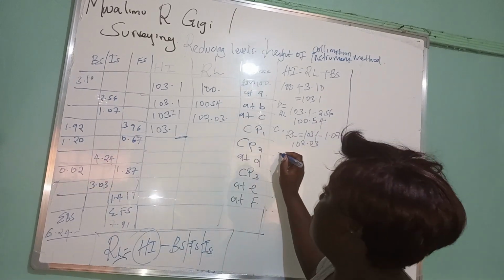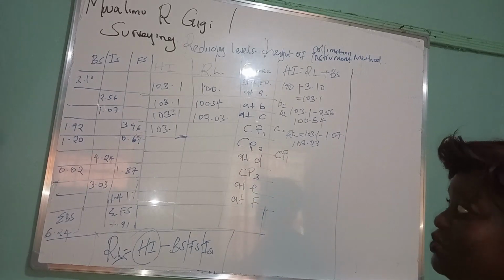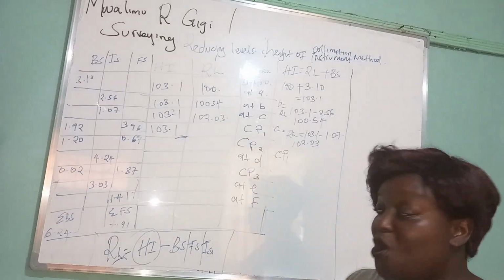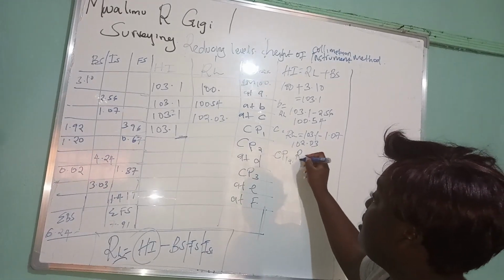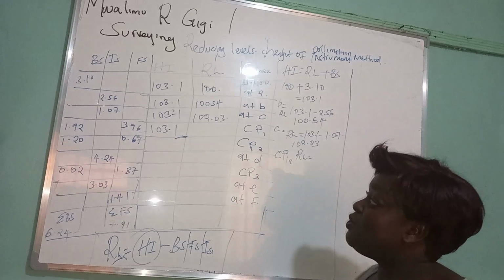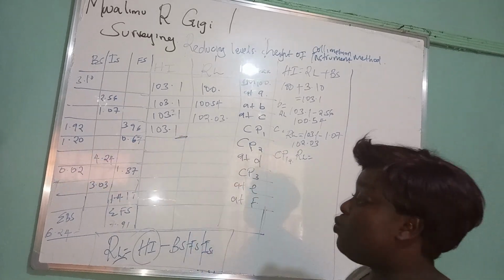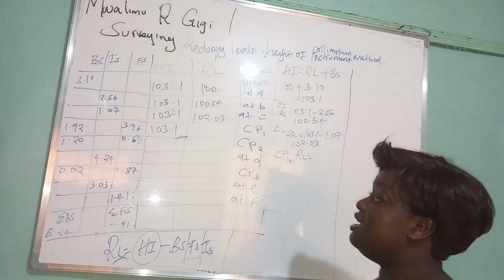At change point 1, we want to get the reduced level, then we use that reduced level to get the height of instrument. So the height of instrument was 103.1, and we have a foresight of 3.96.